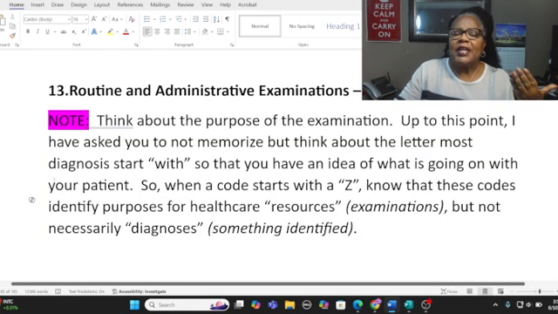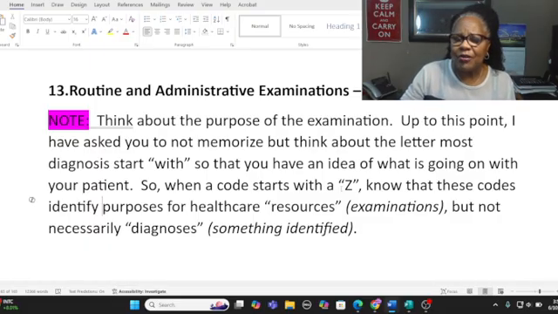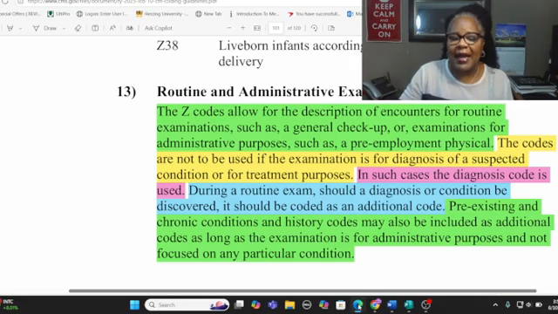So again, in these encounters that start with the Z, the patient is needing the assistance of the physician or the healthcare provider, but there's not necessarily something wrong with the patient. So let me refer you to the guidelines.